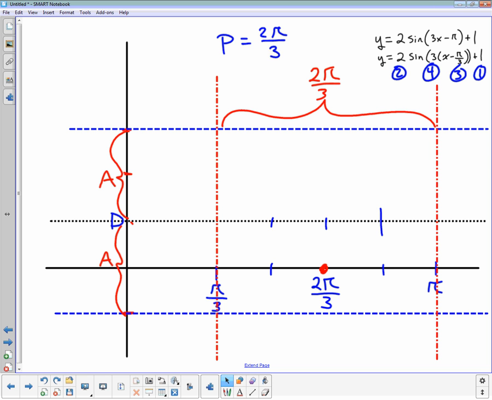Now we're going to find the average of those points to find those values. So find me the average here. What is it? Pi over 2.